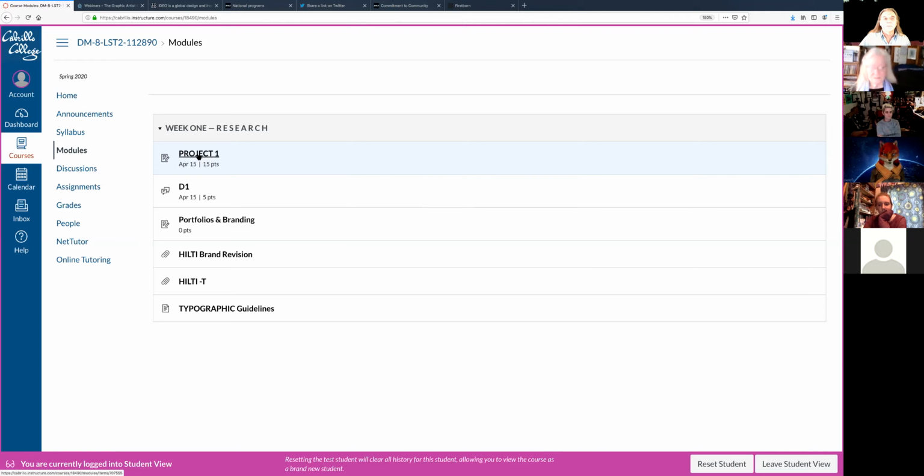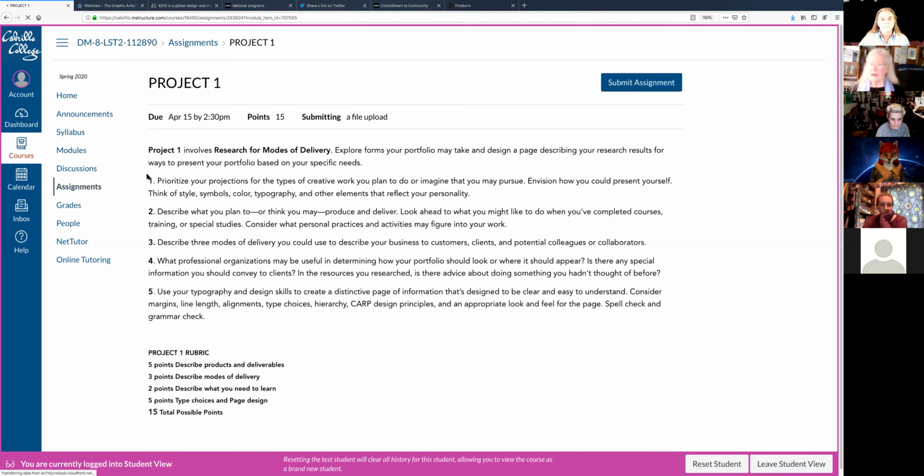So project one is looking at yourself after looking at other things out there, so that you get a good reality check about what's really out there, and working with your own imagination.